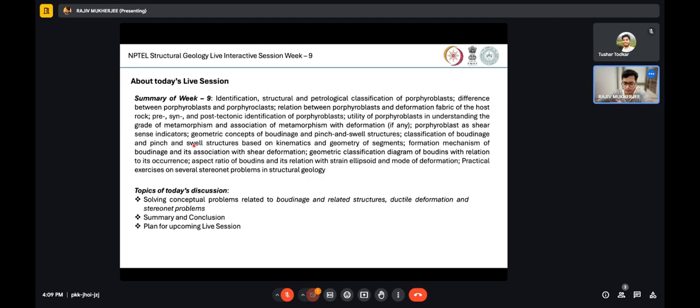And then we went on to the second part of week 9's content, that is Boudinage and pinch and swell structure. The first part of these lectures was mostly focused on geometric concepts of Boudinage and pinch and swell structures, then classification of Boudinage and pinch and swell structure based on kinematics and geometry of the segments, formation mechanisms of Boudinage and its association with shear deformation, and the geometric classification diagram of Boudins in relation to their occurrence, and the aspect ratio of Boudins and its relation with strain ellipsoid and mode of deformation.